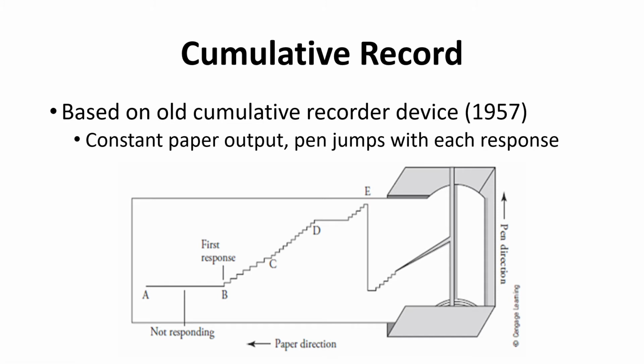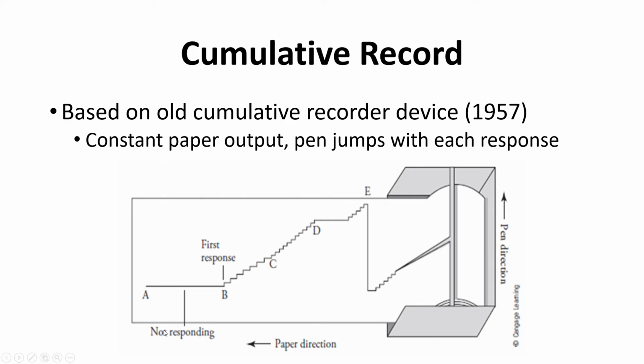Now, when looking at these reinforcement schedules and the amount of reinforcement that an organism has been given, we almost always see them presented with a cumulative record. And these are a carryover from when these kinds of experiments were originally performed back in the 50s, where responses would be recorded on a moving piece of paper.